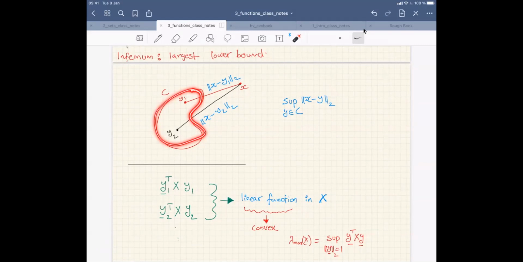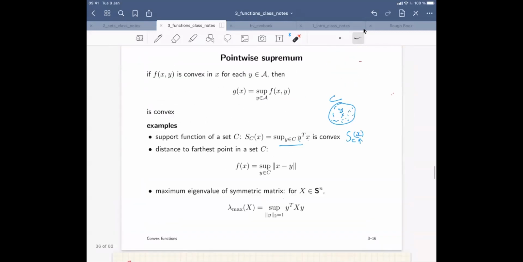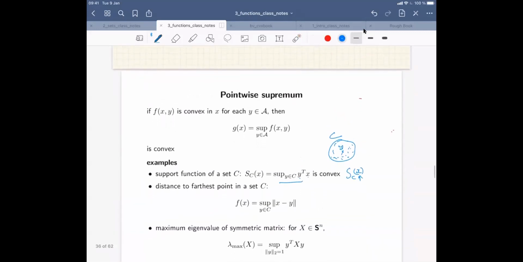No. You can pick two points and draw a line, and some part lies outside the set. So for this property to be satisfied, the set C need not be convex. It can be any set. There is no restriction.